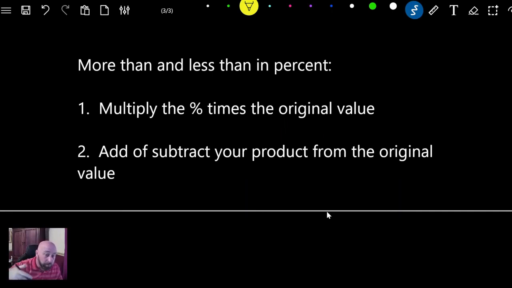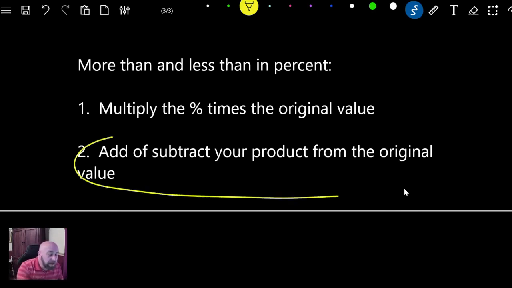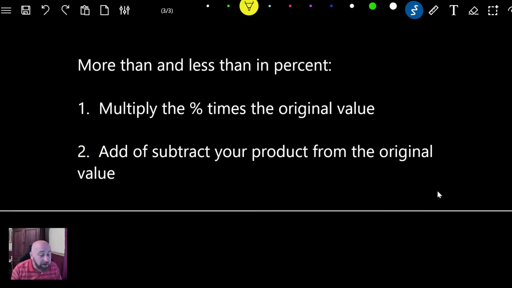A markup would be more than, but typically you have sale prices that you're worried about, not the markup. So more or less than in percent: multiply the percent times the original value, and then add or subtract your product. This is basically what we just did, but now maybe we're going to add. We'll add when it's going up. We'll subtract when it's coming down.